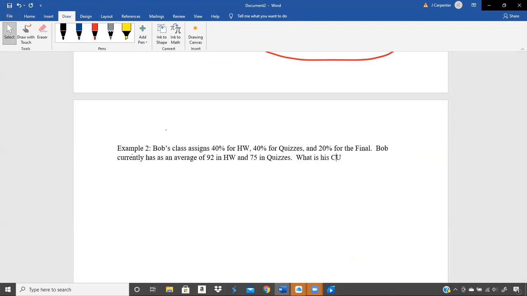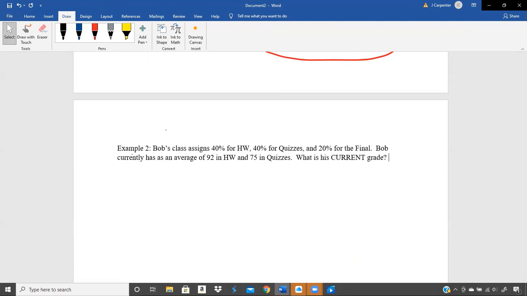What is his current, in all caps for emphasis, grade? It won't always be in all caps later. Current grade is different from a final grade. Final grade accounts for everything. A current grade does not account for the stuff that has not happened.